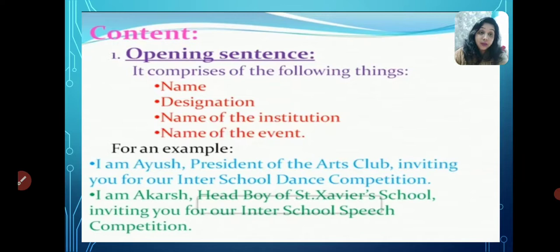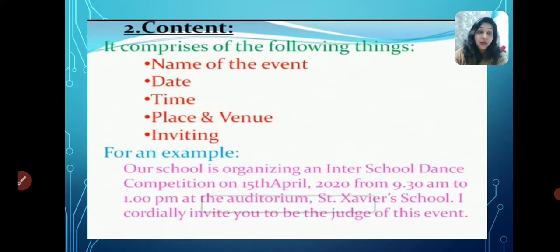Another example is, I am Akarsh, head boy of St. Xavier's School, inviting you for our inter-school speech competition. Head boy of St. Xavier's School mentions the institution, head boy shows the designation, and again the name of the event. So this is the way to write an opening sentence. Four things should be clear: name, institution, designation and event.